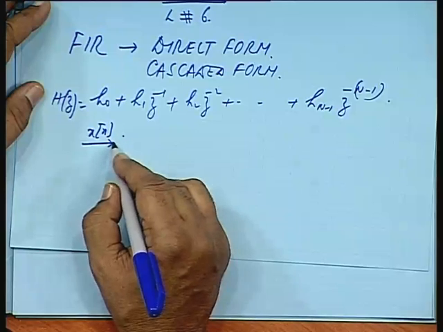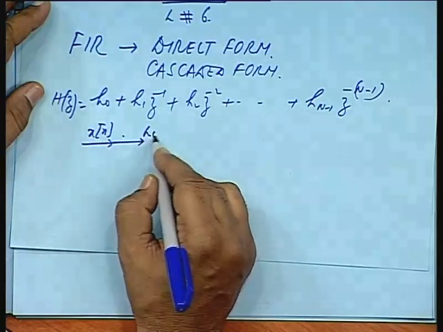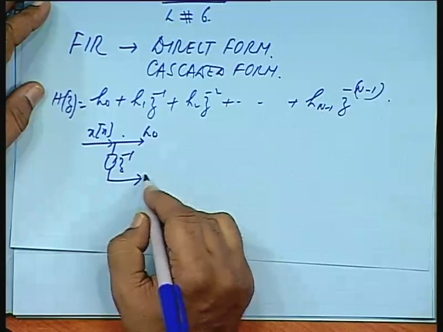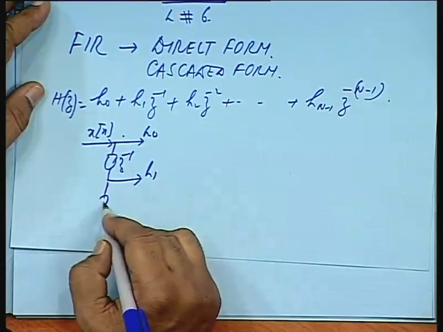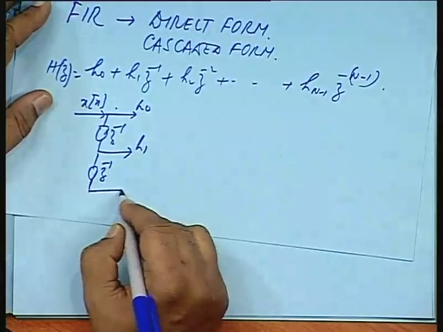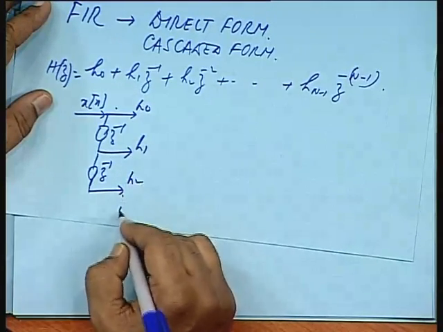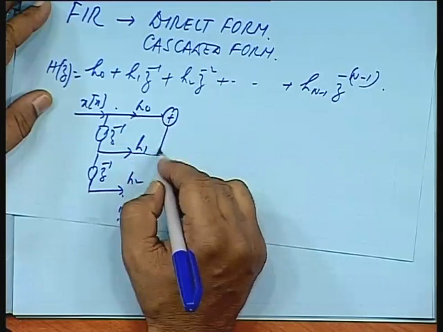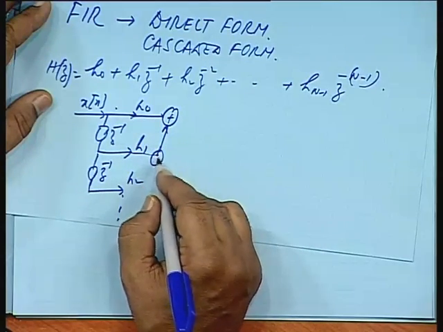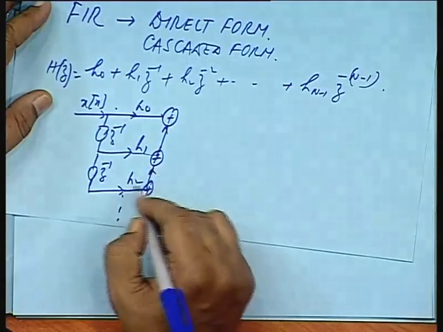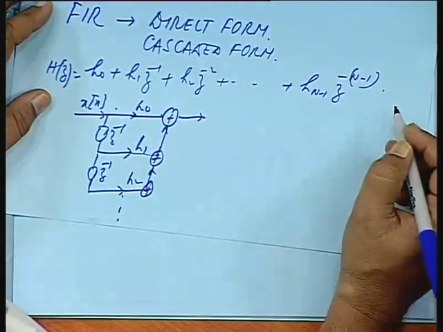Then you multiply by H0, take the delay operators Z inverse, then multiply by H2 and so on, and then add them together. This is the direct form, and so on, all right.